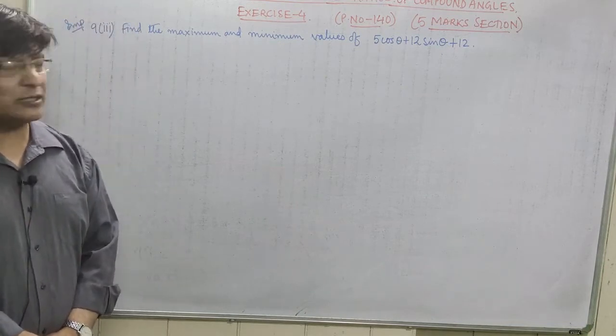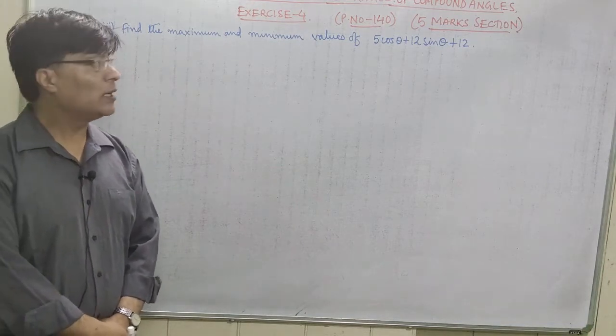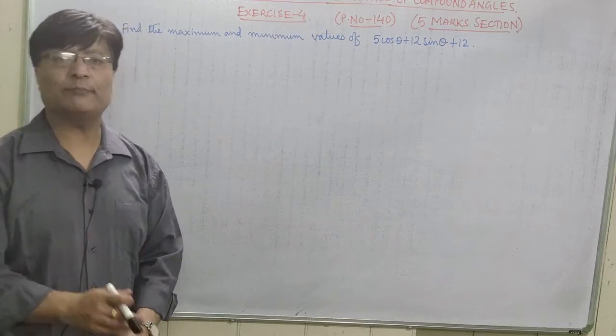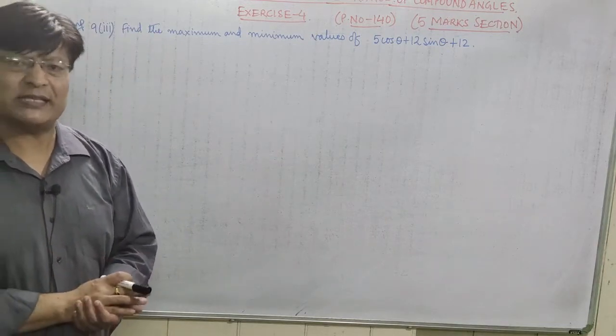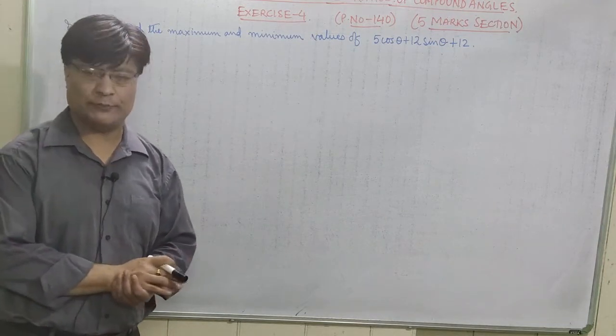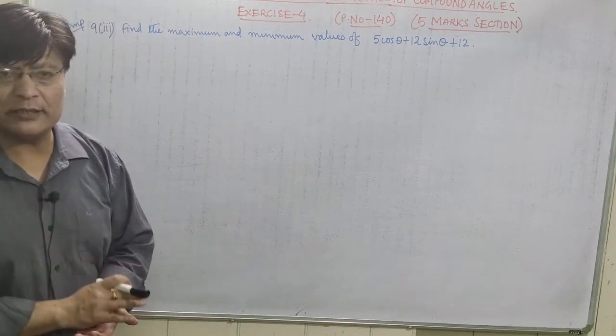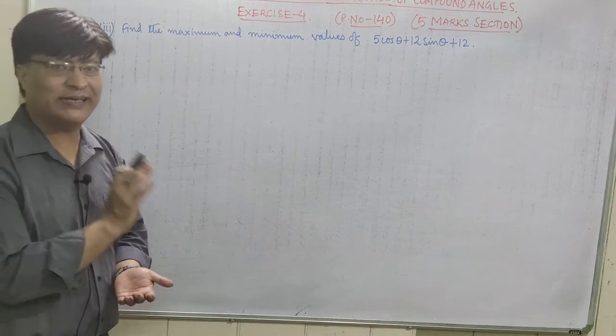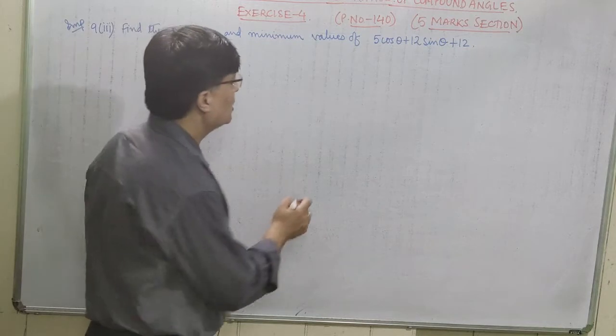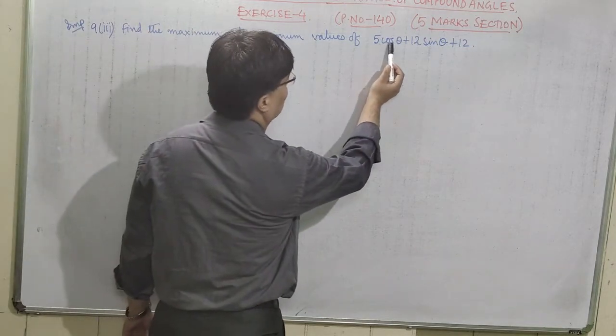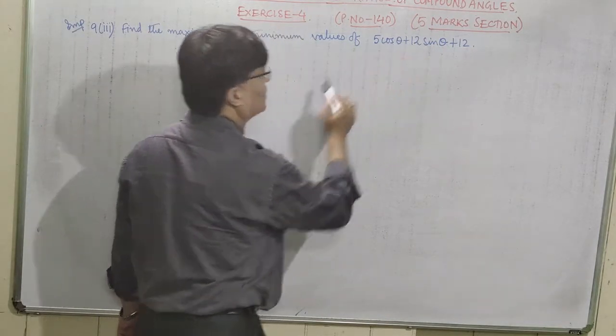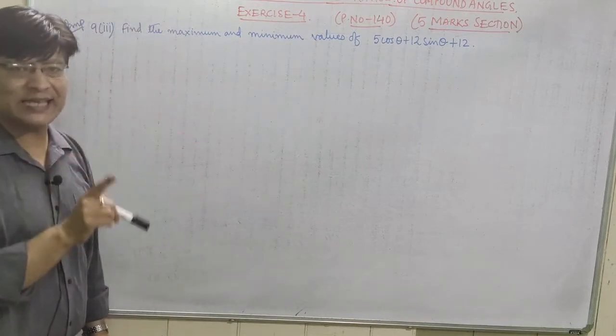You have to find out the maximum and minimum values of the expression 5 cos theta plus 12 sin theta plus 12. So how can you get the maximum and minimum values of this expression? We can use the same method here as we have done in question number 9.1.